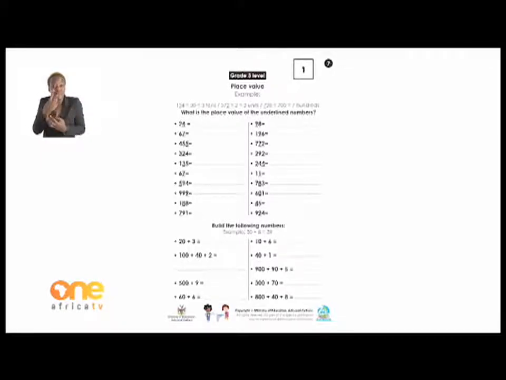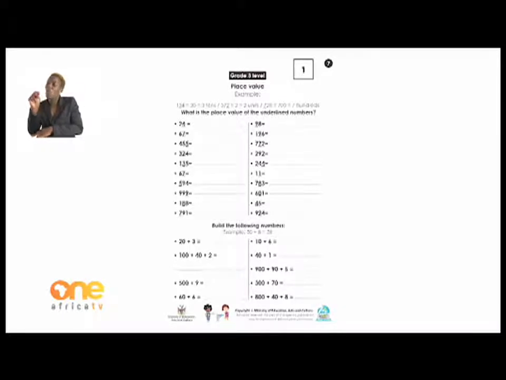For example, the 30, the 2, and the 700 are the values of the underlined numbers. But for the underlined ones, if you are asked about the places, you have to mention whether it's the tens place, the units place, or the hundreds place.